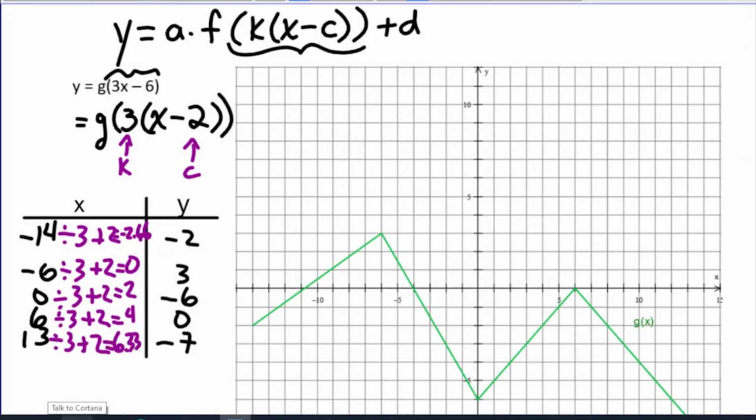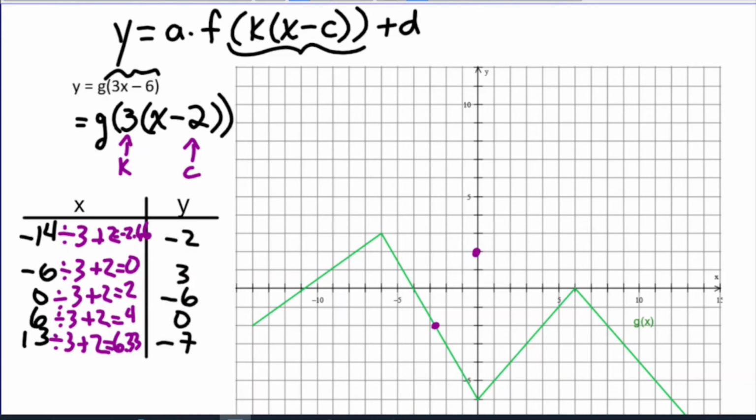Again, we could use fractional calculations here using common denominators to add them, but the calculator is going to give us our decimal values, which we'll probably need anyway. So negative 2.66 and negative 2. So 2.66 is almost at 3 on the negative side, and then at negative 2 for our y value would put us approximately here. 0 and 3.